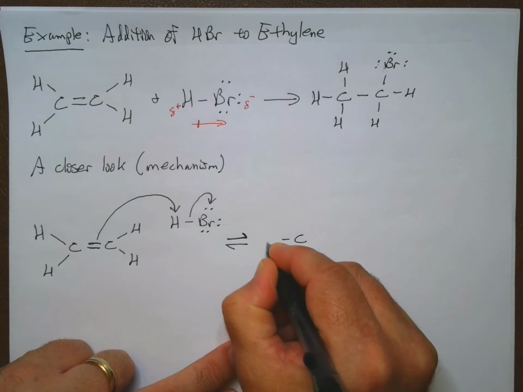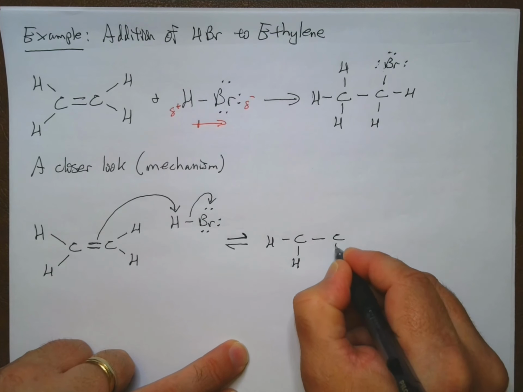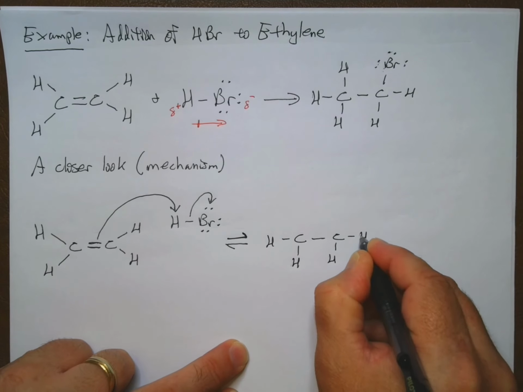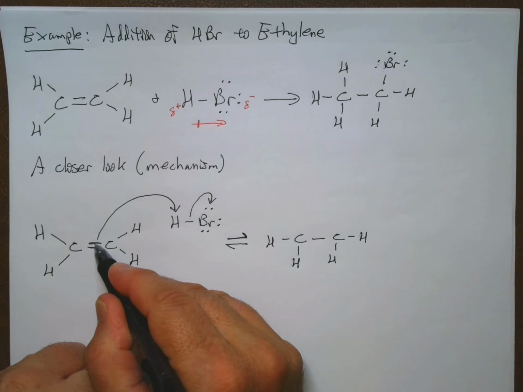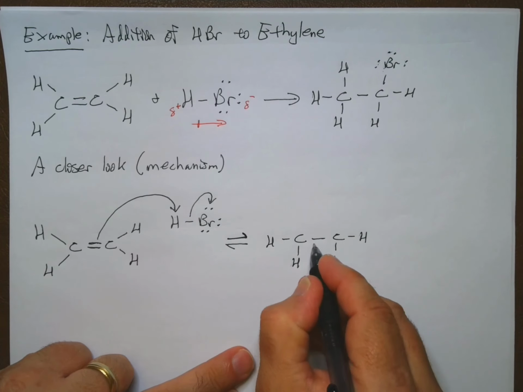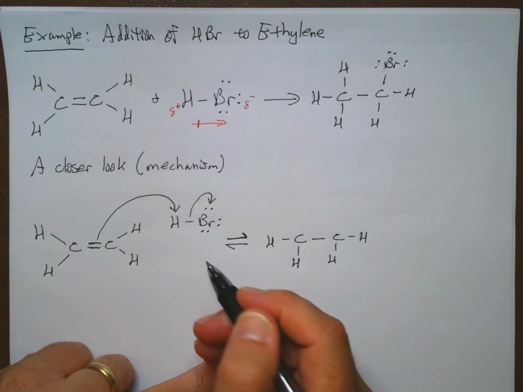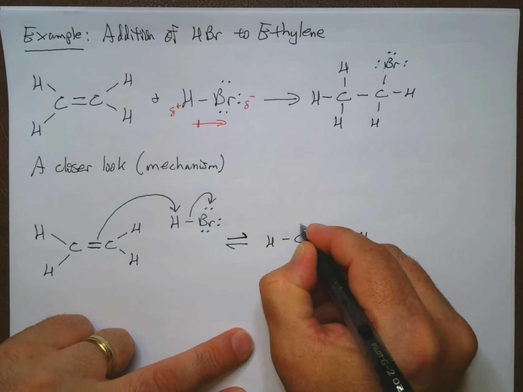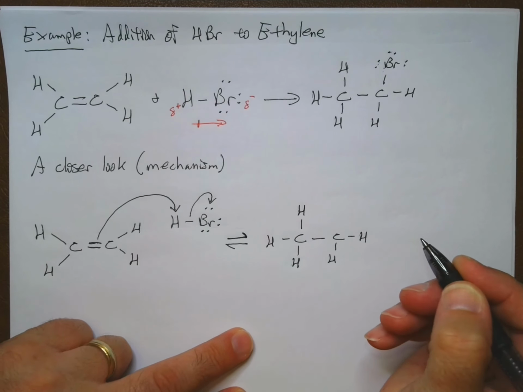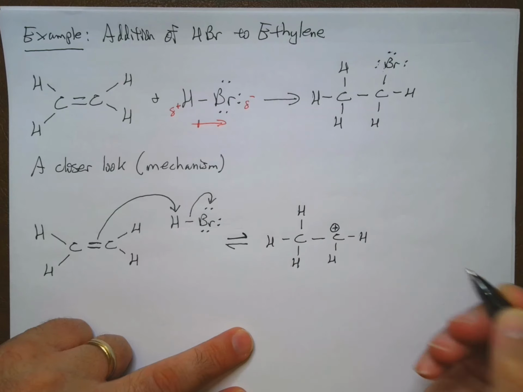That will give us the following. This double bond is no longer a double bond, it will just be a single bond. And now I'll have a new carbon-hydrogen bond. Which carbon? Because it's symmetric, it doesn't matter, so I'm going to say it's right there. Now this carbon, on the other hand, is now electron poor.